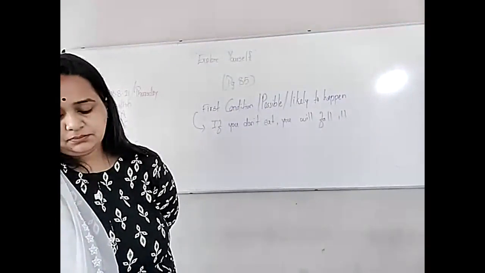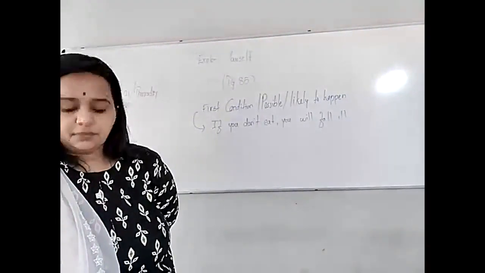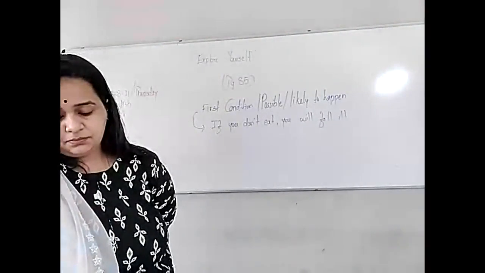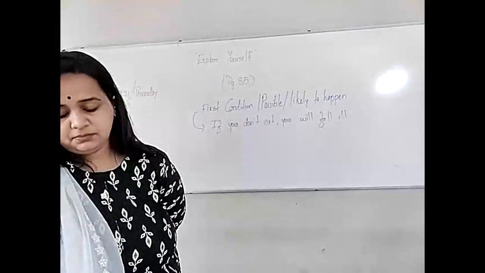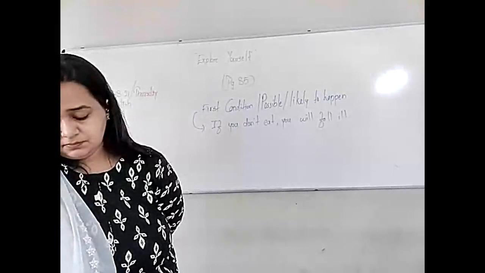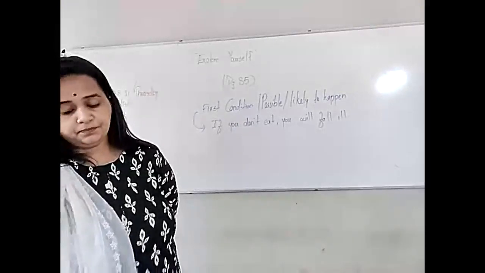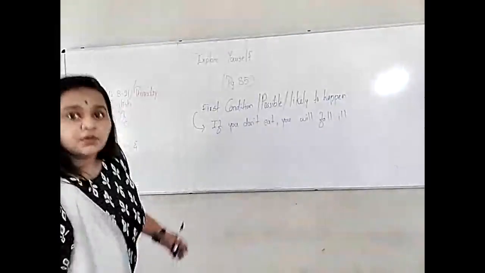When we talk of a condition that is impossible and unlikely to happen, it is called the second condition.